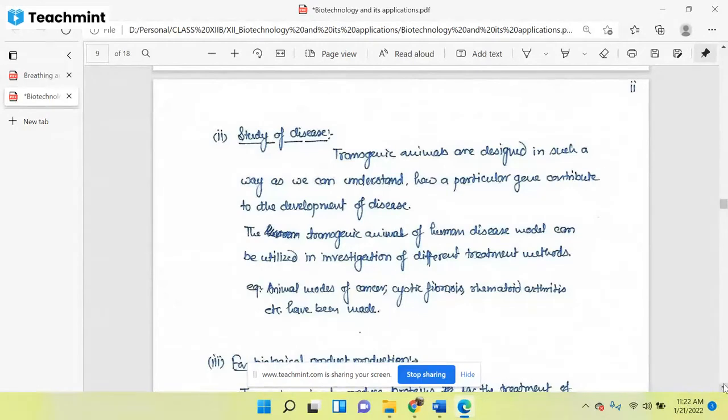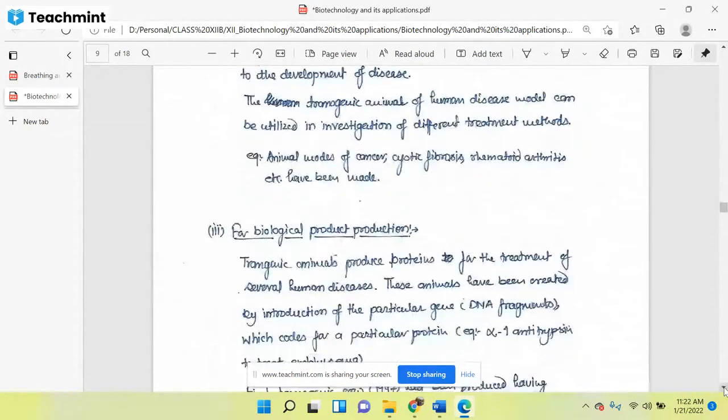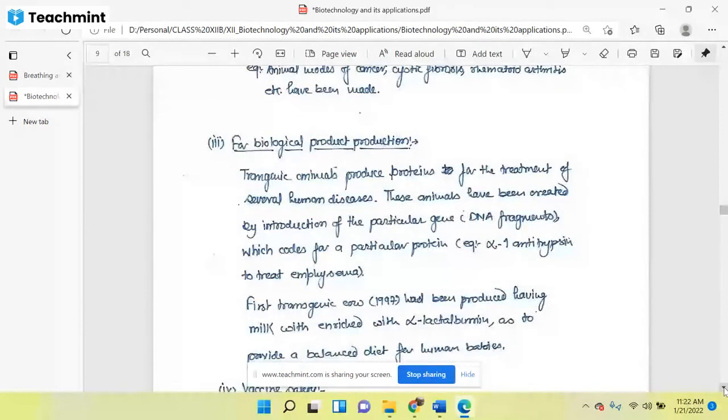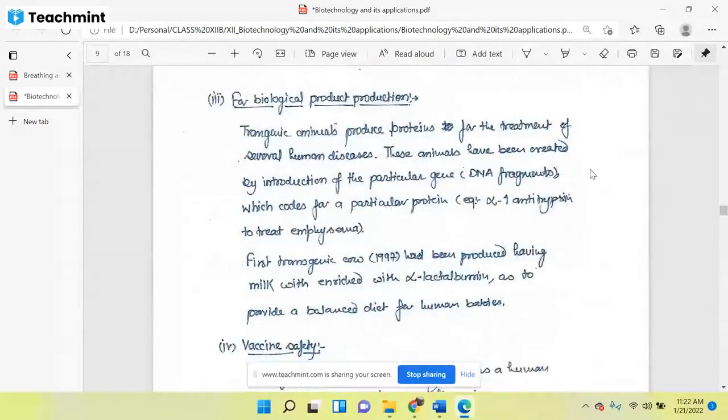Now we will see the third application, biological product production. I told you before also, we are using bacteria to produce insulin, but not all proteins can be produced in bacteria, because proteins have tertiary and quaternary structure too, which will not be formed in the bacterial system.